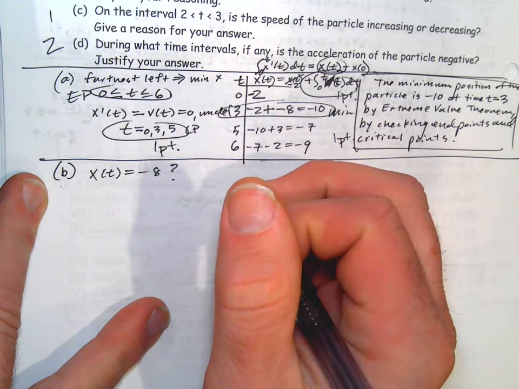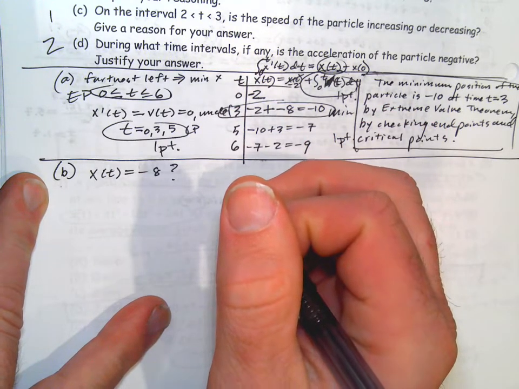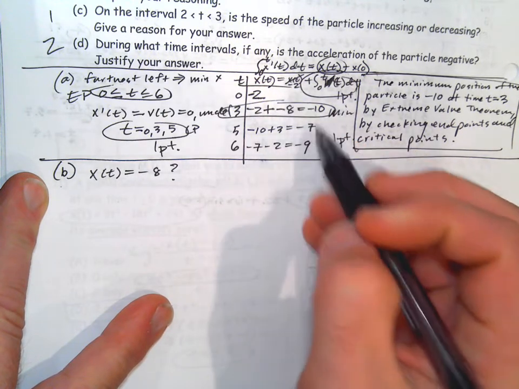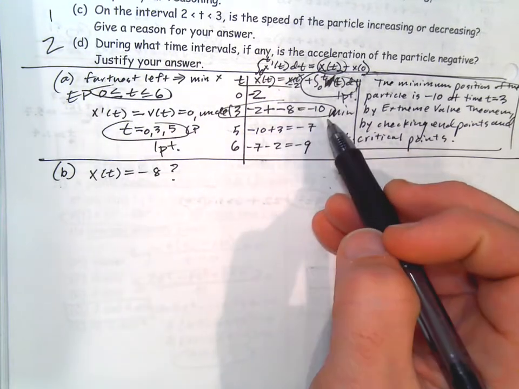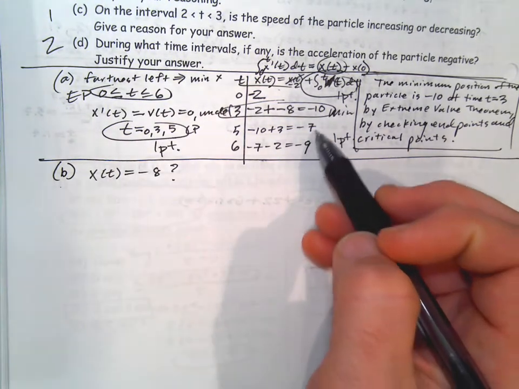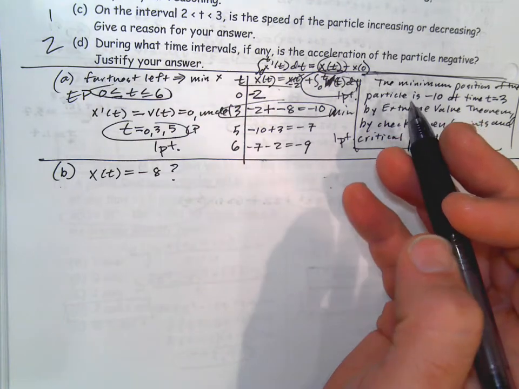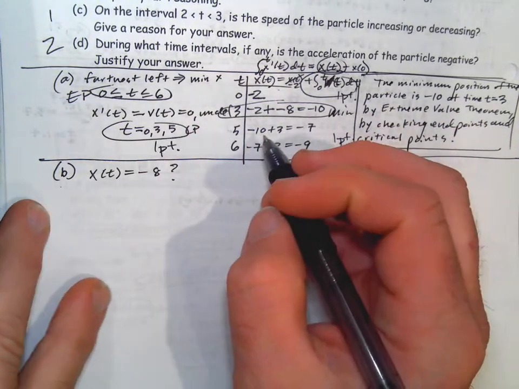Well, okay. We actually just found a bunch of values right here, right? And so it's got to hit negative 8 between these two. It's got to hit negative 8 between these two. And it's got to hit negative 8 between these two again. That's called the intermediate value theorem. So I'd say at least 3 times.